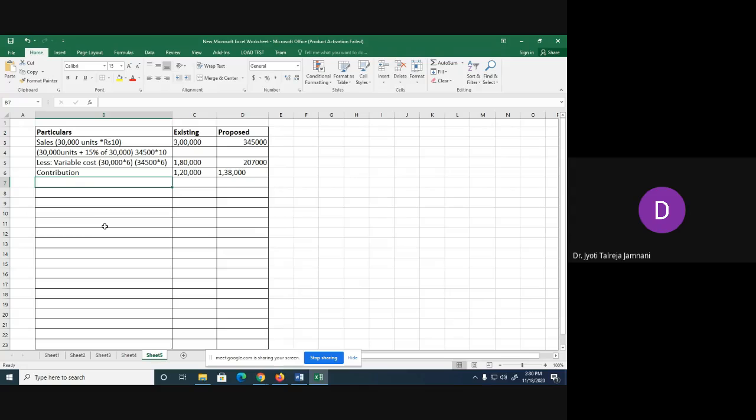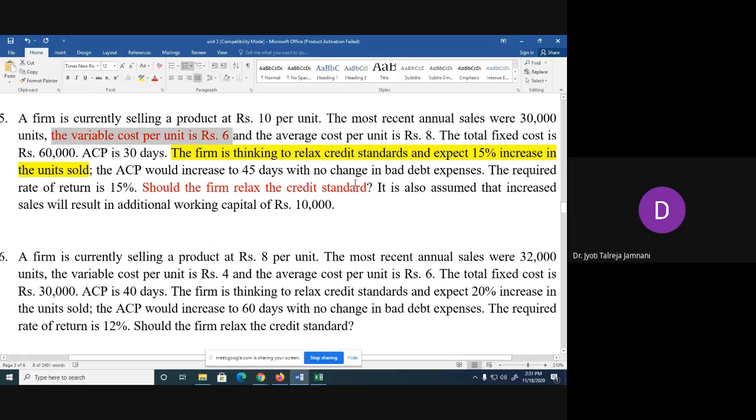From the contribution, next we deduct the fixed cost. So we'll write here less fixed cost. Okay. Now can anybody tell me what should be taken as fixed cost? They've given here actually the total fixed cost is rupees 60,000.